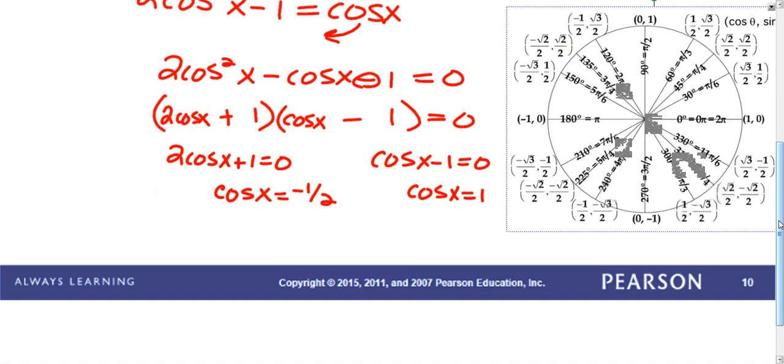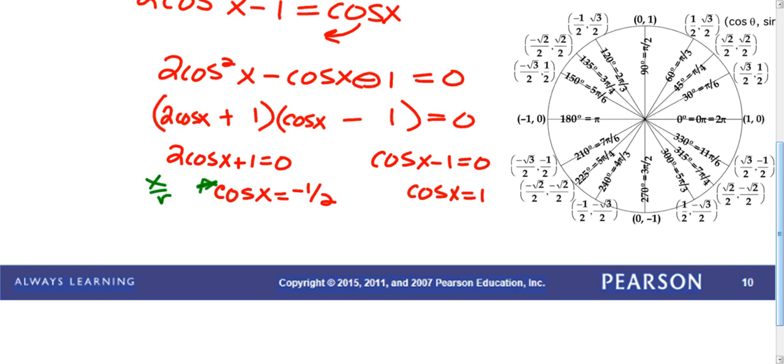In this left-hand equation, I'm needing to figure out where cosine is negative 1/2. Notice I don't have an inverse symbol in there or the word arc in front of there, so I am not limited to restricted intervals. I need every place on the unit circle where my cosine value is negative 1/2. I want you to remember that cosine is x over r, and your r is 1 anywhere on the unit circle, so cosine is basically your x value.